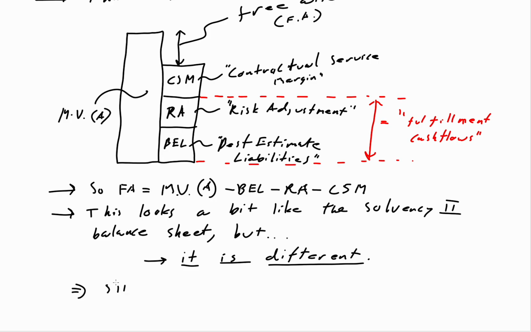So that means that the Solvency II free assets are not the same as the IFRS 17 free assets.